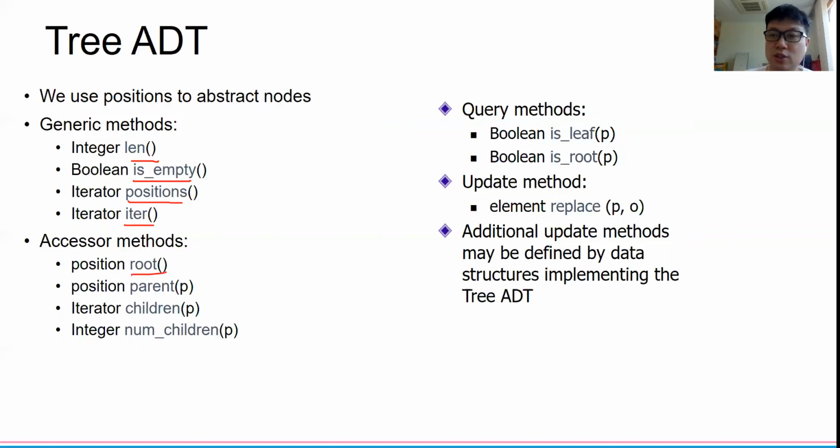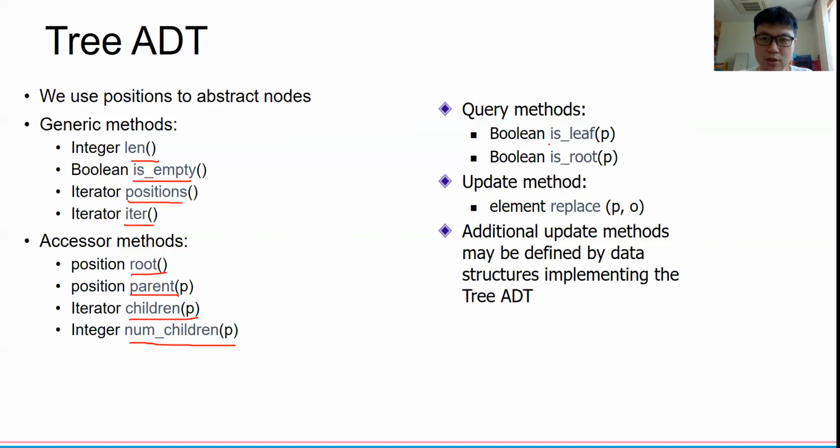So I want to know what is the root of the tree. Parent, what is the parent of a particular node. Children, so if I have many children, it will be an iterator. And then the number of children of a particular node. So if a node has 3 children, then it will return the number of children.